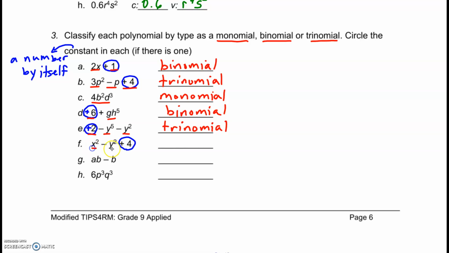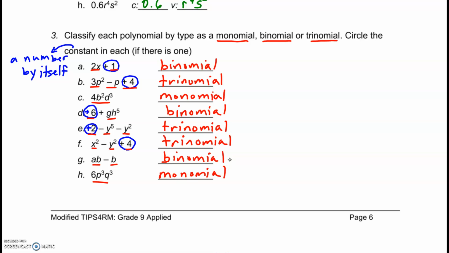For F, 1, 2, 3, so again, a trinomial. For G, 1, 2 terms, so that's a binomial. And then for H, 1 term, and that would be a monomial.